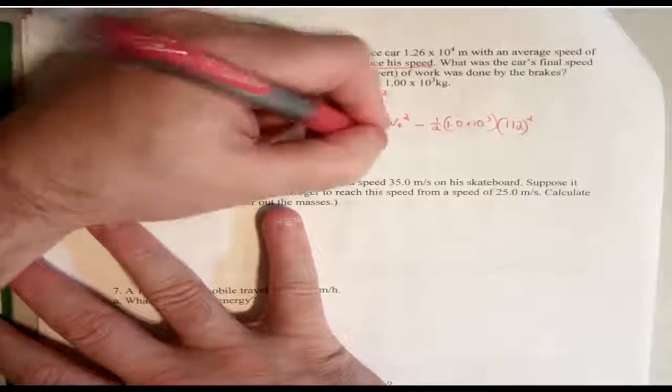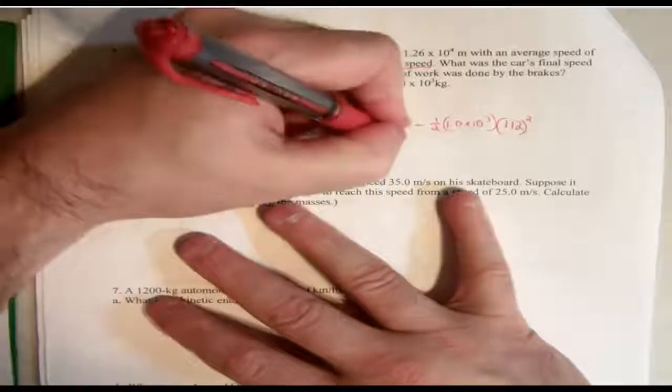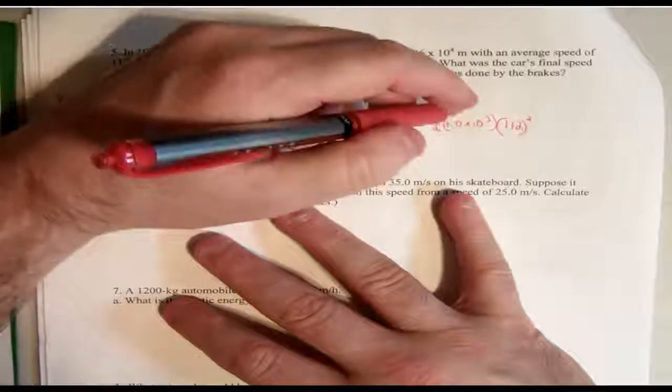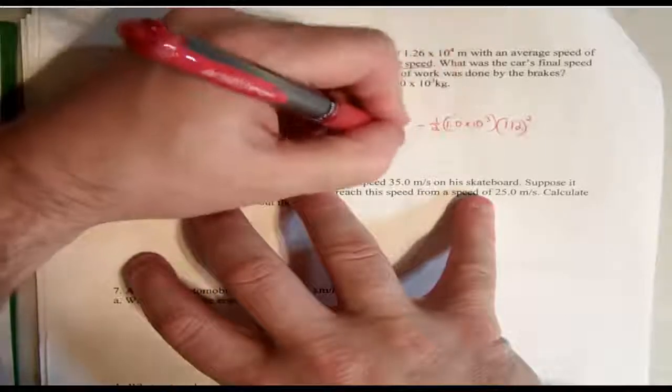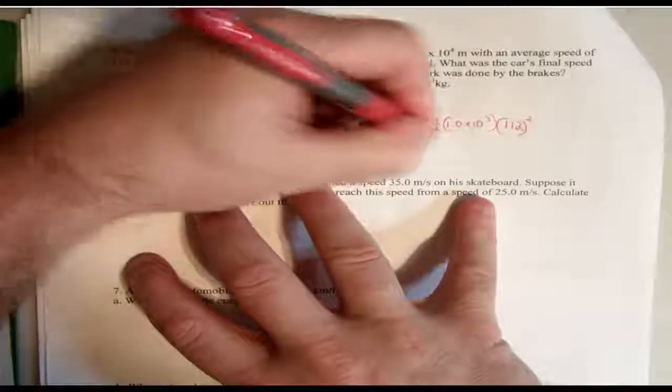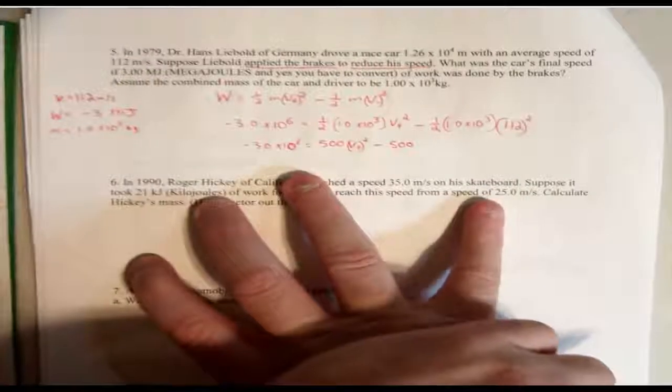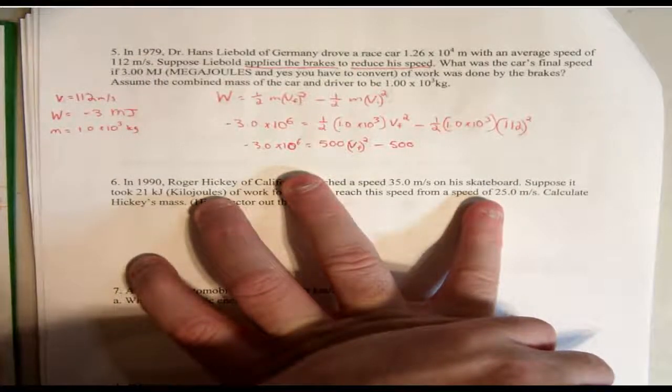Minus the same thing, 500, that's 1/2 times 1,000, times 112 squared.